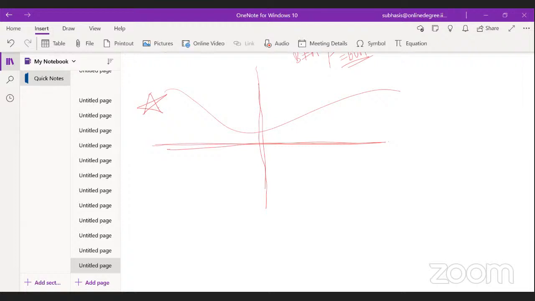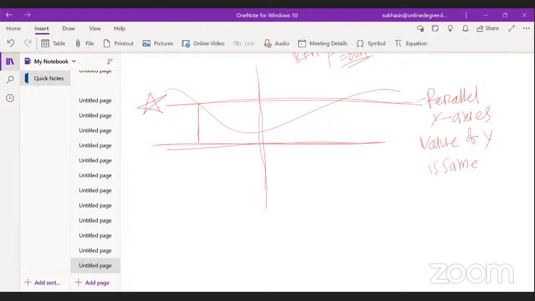Now you try to draw a line which is parallel to your x-axis, and throughout this line your value of y is the same. Now suppose this point is some x1 and this point is x2.